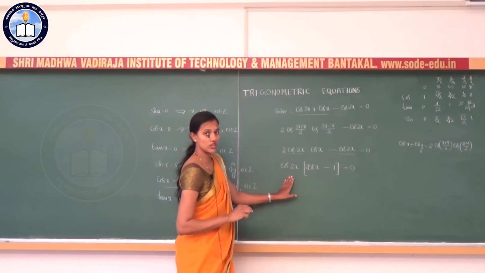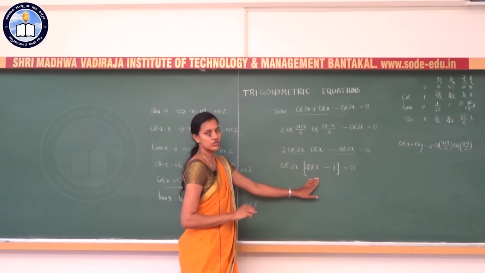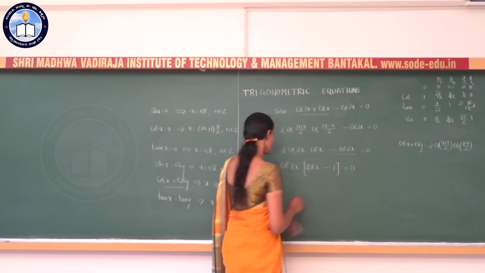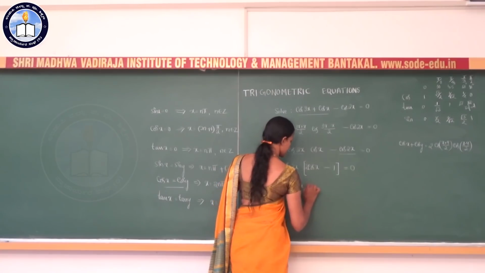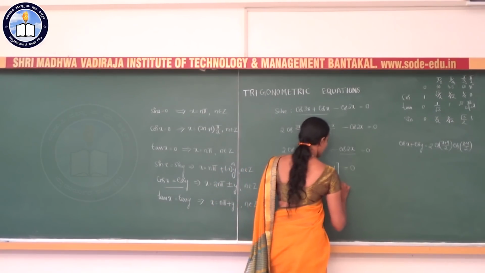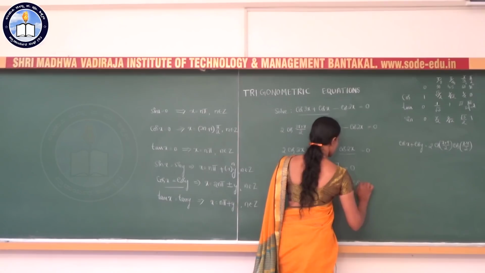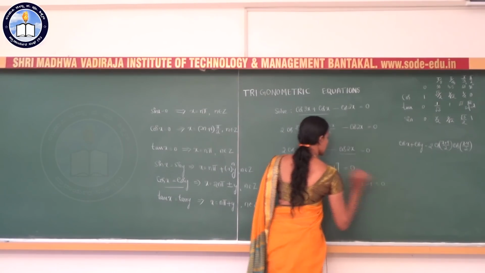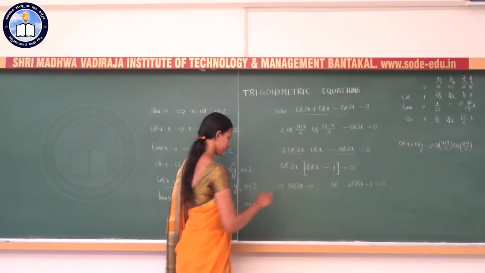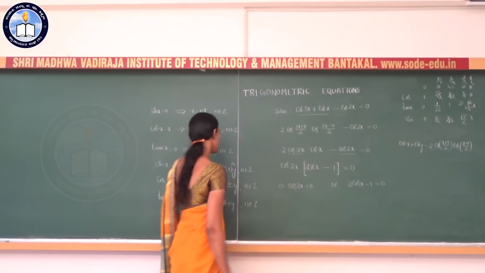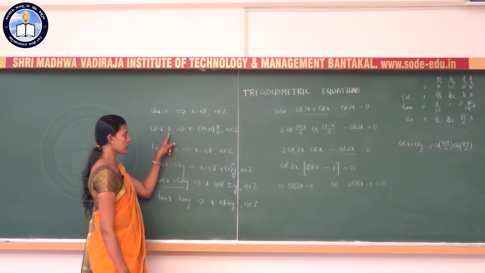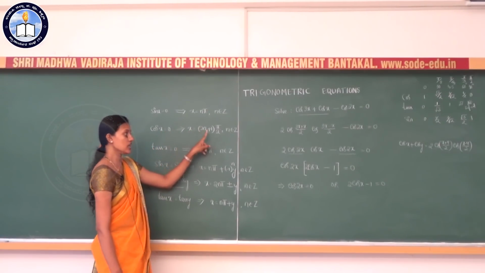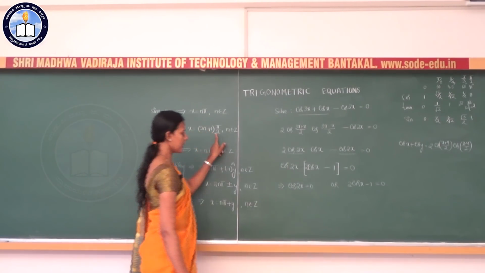Now it is cos of 2x into 2 cos x minus 1 is equal to 0, which implies either the first factor cos of 2x is 0 or the second factor 2 cos of x minus 1 is 0. Cos of 2x is equal to 0. We can compare it with the second statement here. Cos of x is equal to 0 implies x is odd multiple of pi by 2.